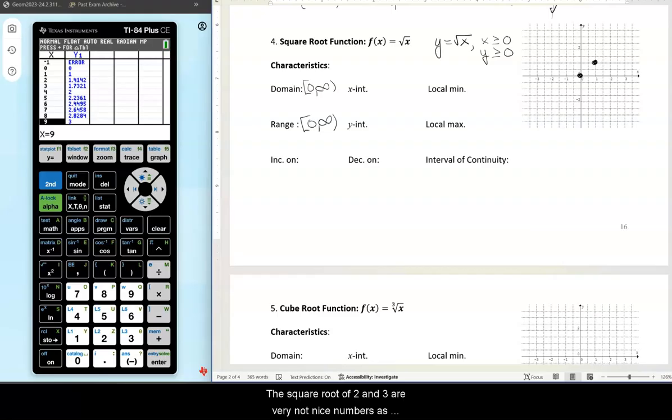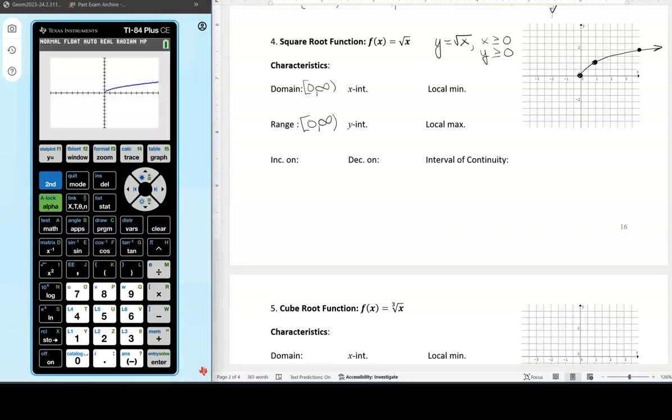And then the square root of 2 and 3 are very not nice numbers. As I said, they're irrational. So let's go to 4 and see if we can manage to plot it. I believe 4 is roughly right here on this scale. So the square root of 4 is equal to 2 in our y value, and we end up with this graph, which matches our graph on our screen.